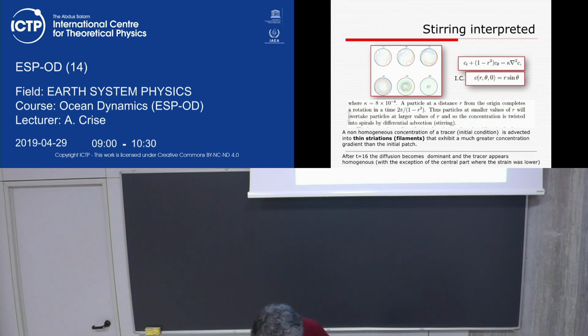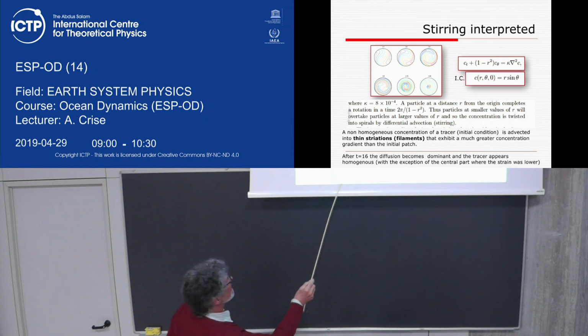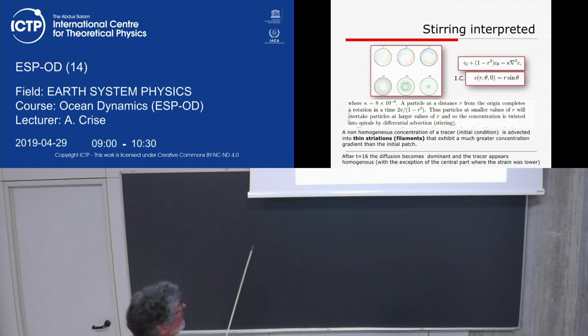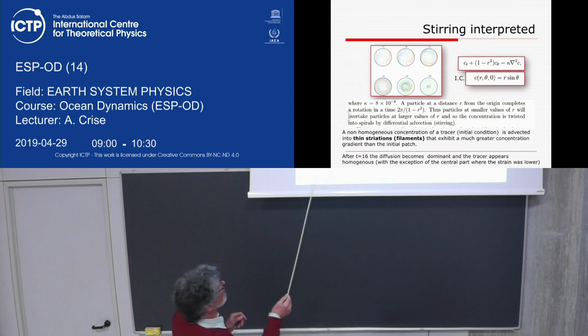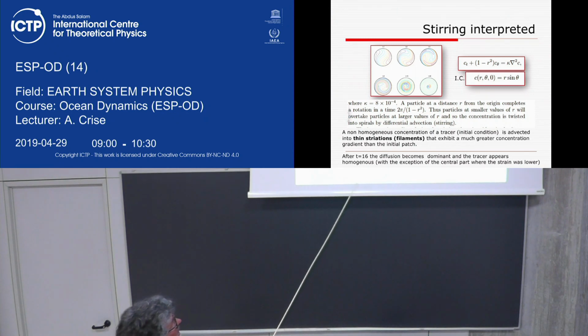So essentially you get radial shear, velocity shear, in order to create this distortion, which is quite evident as an effect. And you have an effect due to this differential rotation speed on the twisting of the spirals that are created this way.